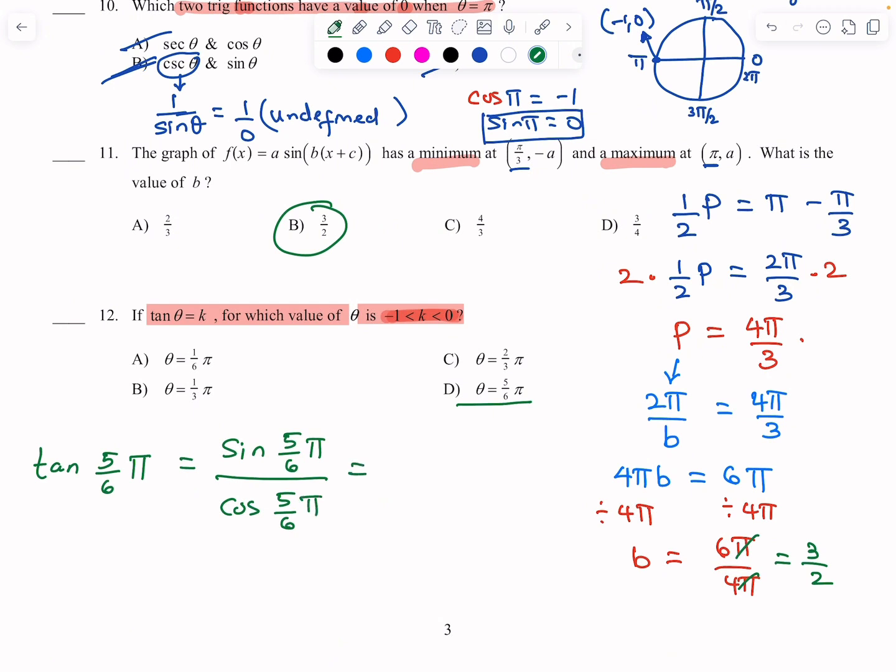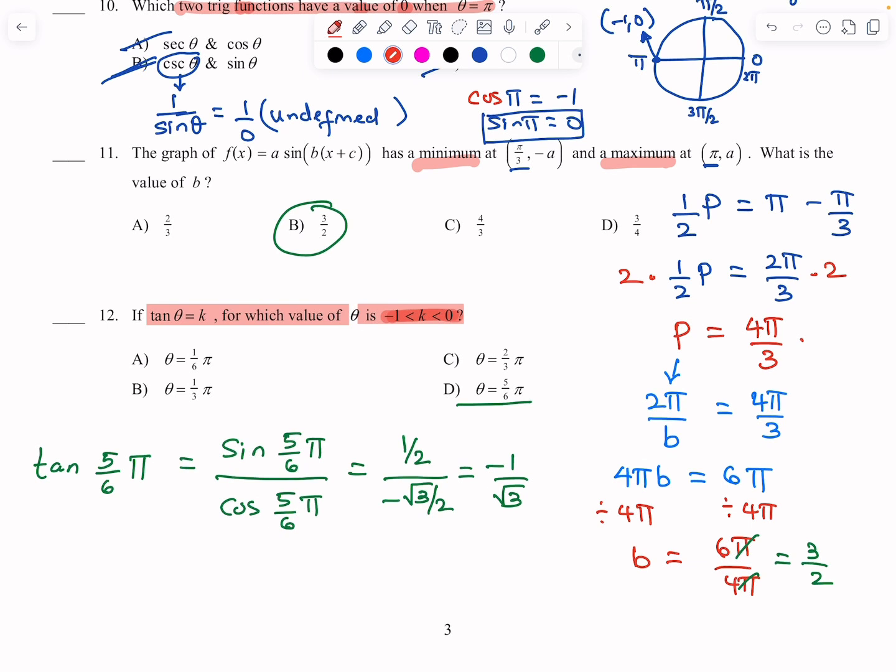On your unit circle, the sine of 5 pi over 6 is going to give you 1 over 2. Then you divide that by the cosine of that, which is negative square root of 3 divided by 2. If you do the math real quick, this one is going to give you negative 1 over square root of 3. The square root of 3, if I'm not mistaken, is 1.73 something, I'm not sure.